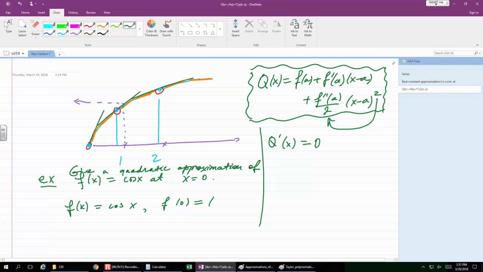It's f prime of a times x minus a. We're differentiating it, so x minus a is gone, and we are left with f prime of a. Okay, so that's the second term. And the last term?